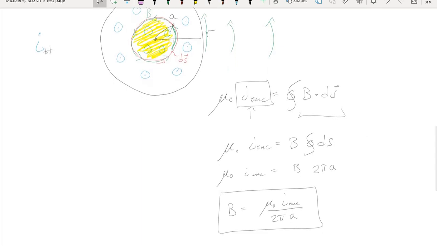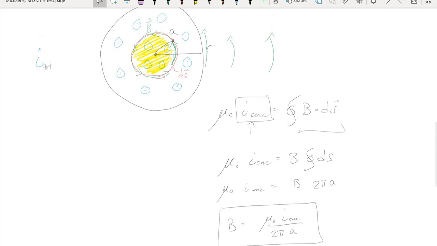And that is something that we can figure out. The total current of the wire is passing through the total cross-sectional area of the wire.